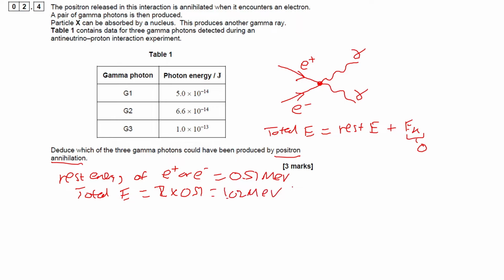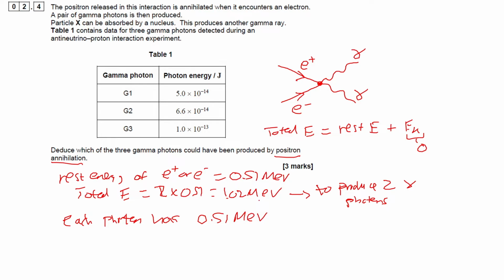And if we're saying that this energy is being converted to produce 2 gamma photons, each photon has 0.51 MeV, so just half that number again, it's just back to 0.51 MeV of energy.